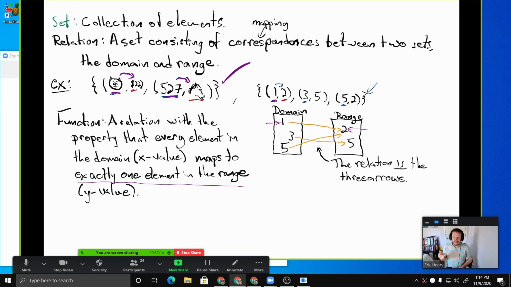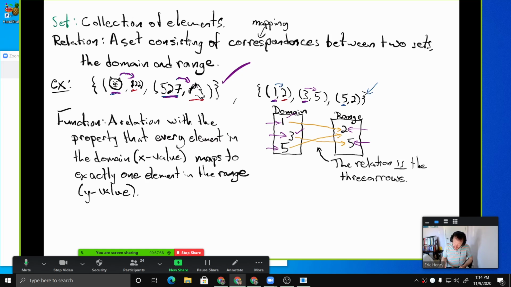No, it maps to exactly one element in the range, just the 2. Okay, so the 1 is okay. What about 3? That's also in the domain. 3 maps to 5. Does it map to anything other than 5? No. So that's okay as well.